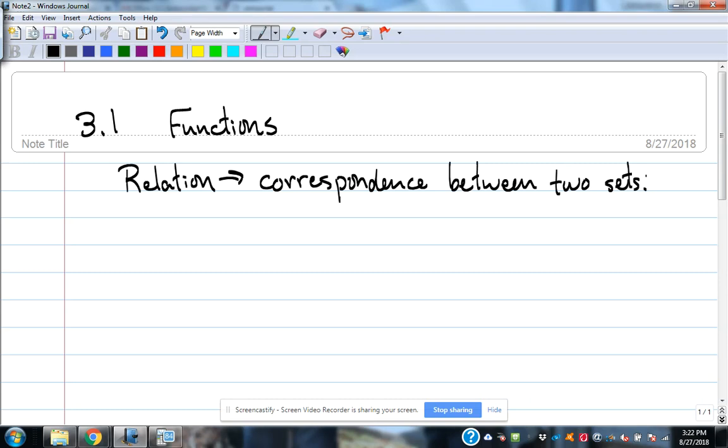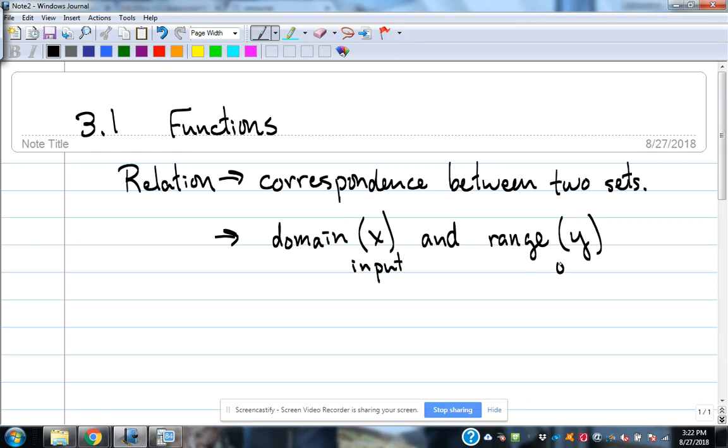Those two sets in a college algebra class are the domain, usually the x values, we're talking about equations, and the range, usually the y values. You might also see input and output used, but most of the time you're going to see x and y or the words domain and range. But those are the sets that we're going to have corresponding in order to make a relation.